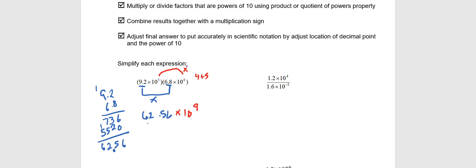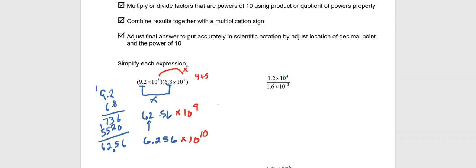So I need to adjust my decimal point and turn this into 6.256, which means that if I think about where I was in the incorrect spot, going 9 spaces to the right because of my exponent, I just moved 1 space further away. So that's going to become times 10 to the 10th. I move further away from my destination.